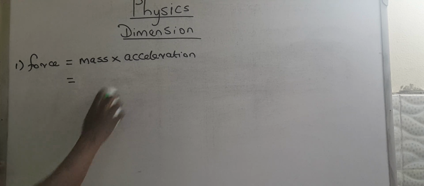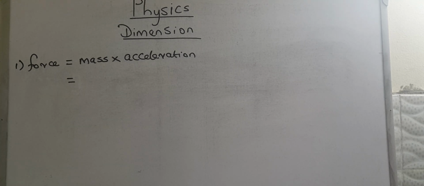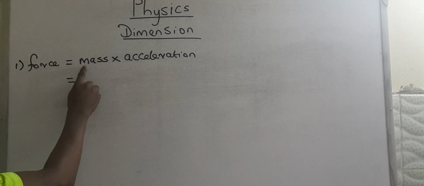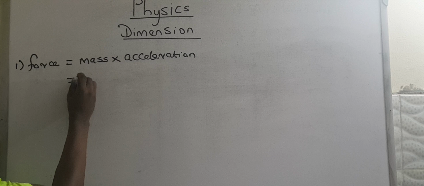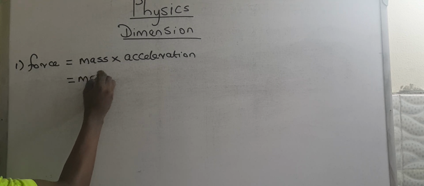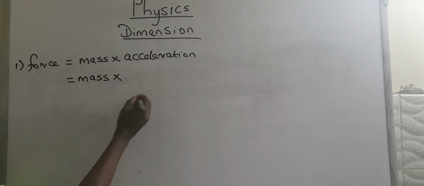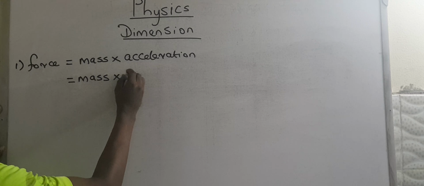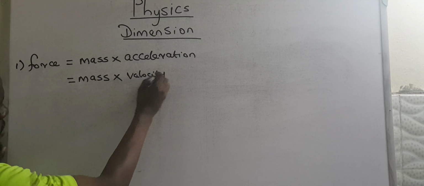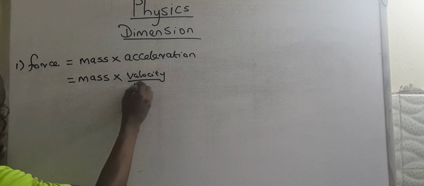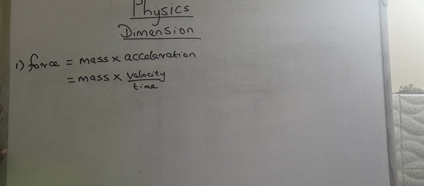Okay, pardon, let me do something so that we understand what we are trying to do instead of just going straight to the dimension. Because already we know the dimension of mass, which is capital letter M, but we do not know the dimension of acceleration. So we can go further, saying the formula force is mass times acceleration, where acceleration is velocity over time.